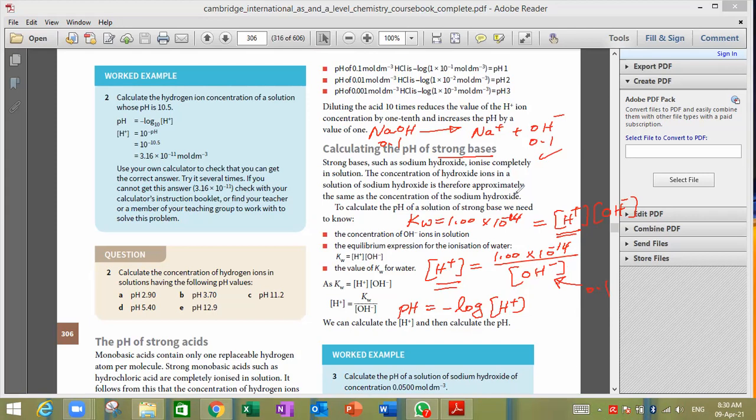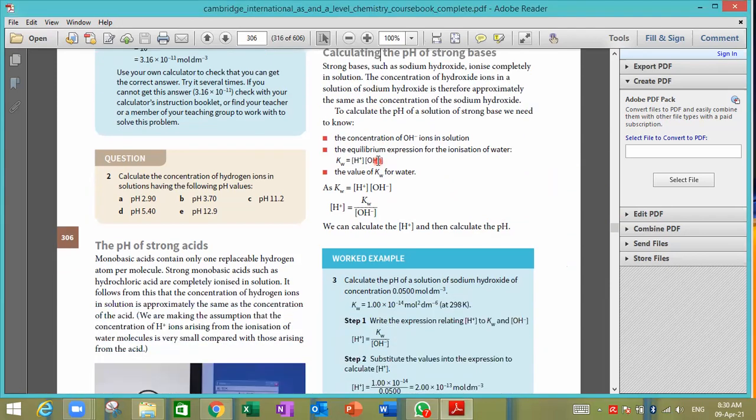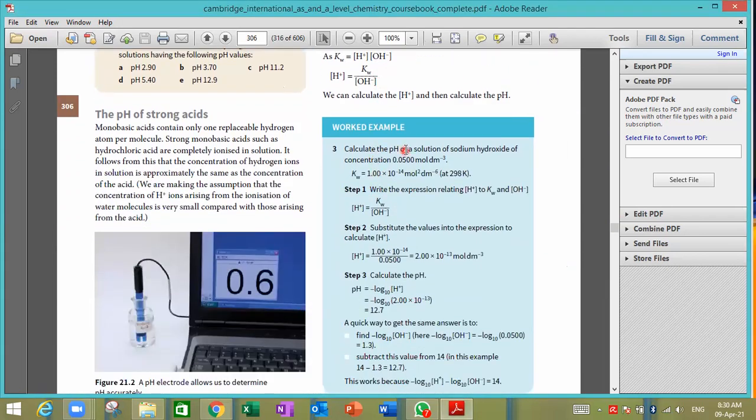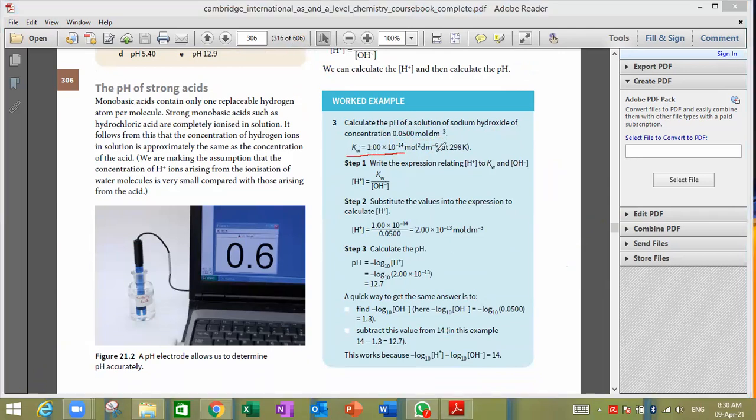Okay. Now let's take examples. It says calculate the pH of a solution of sodium hydroxide of concentration 0.05 moles per decimeter cube. And it gave us Kw equal 1 times 10 to the power minus 14.